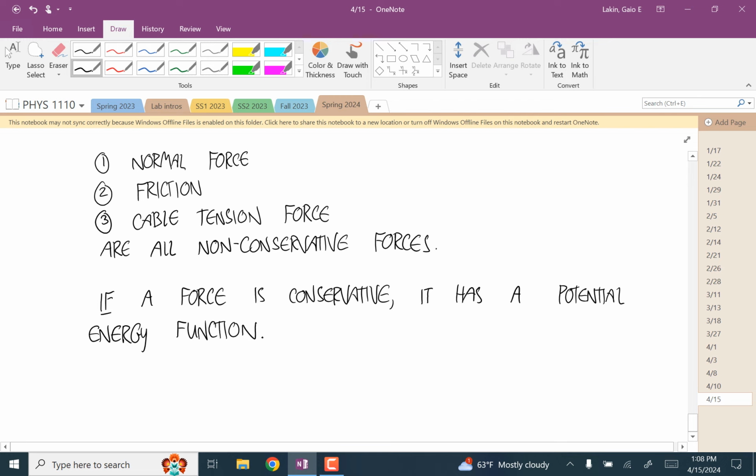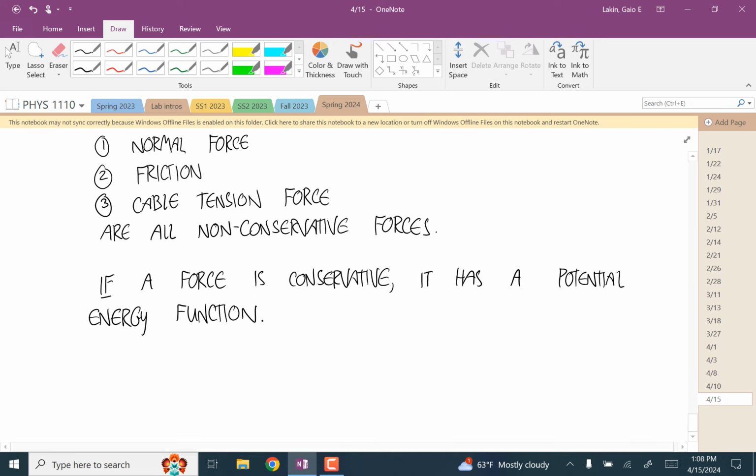So these things, normal forces, friction forces, cable tension forces, there's no such thing as potential energy for those. But for springs and weight, there is such a thing as potential energy.